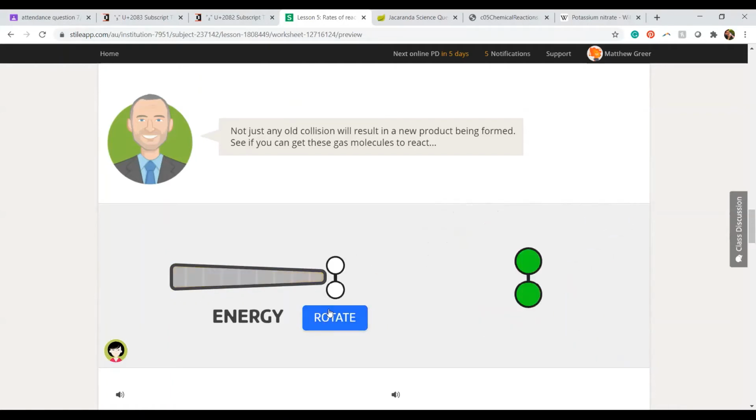But what if I hit it with that amount of energy, but I'm facing the wrong way? If I'm facing the wrong way, it doesn't matter how much energy I hit it with, it won't react. So therefore, you need to make sure not only that you have enough energy, but that you are facing the right way in order for the chemical reaction to work.